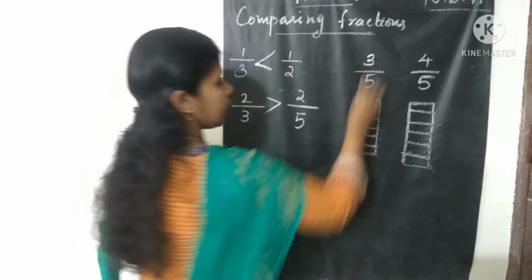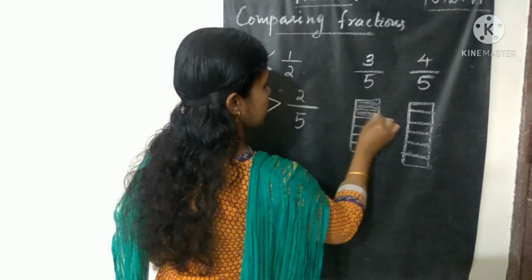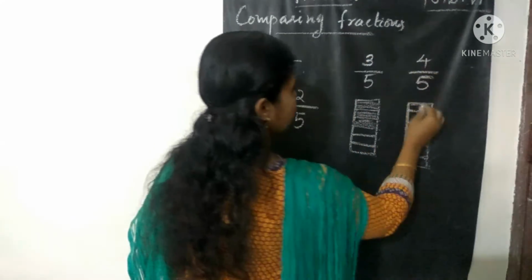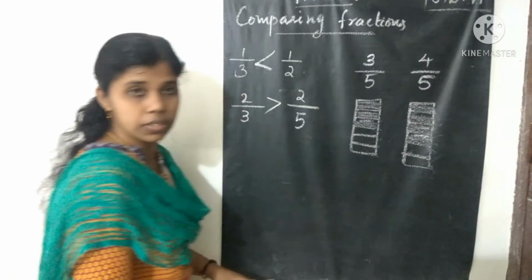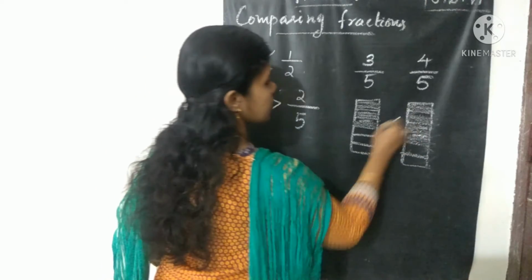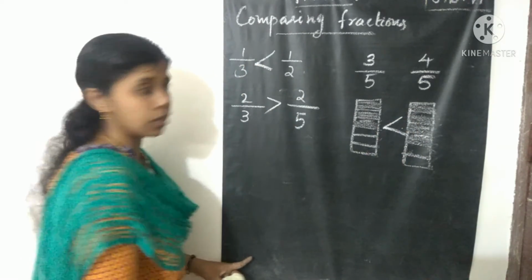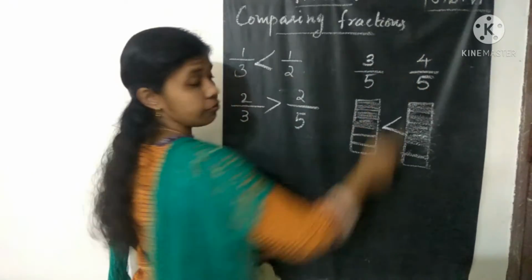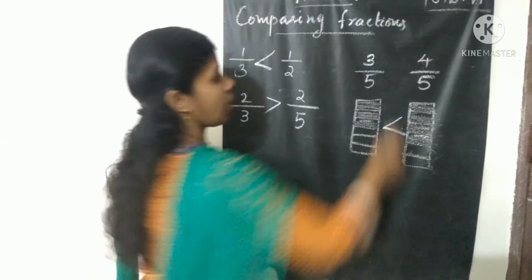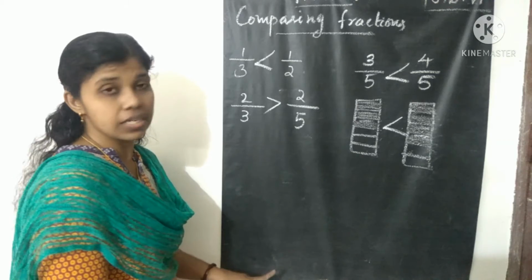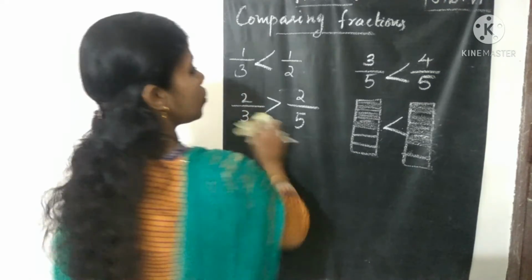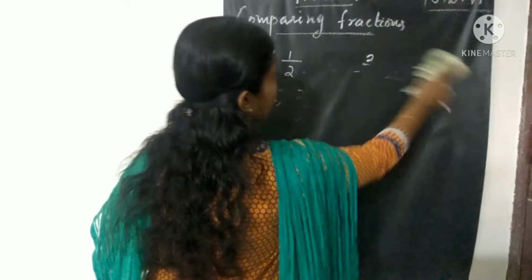Then how many parts are taken? 3 parts only taken here, and here 4 parts: 1, 2, 3, 4. Which part is big? This part is big. That means the fraction with the greater numerator is bigger. These two are the two common types of fractions.